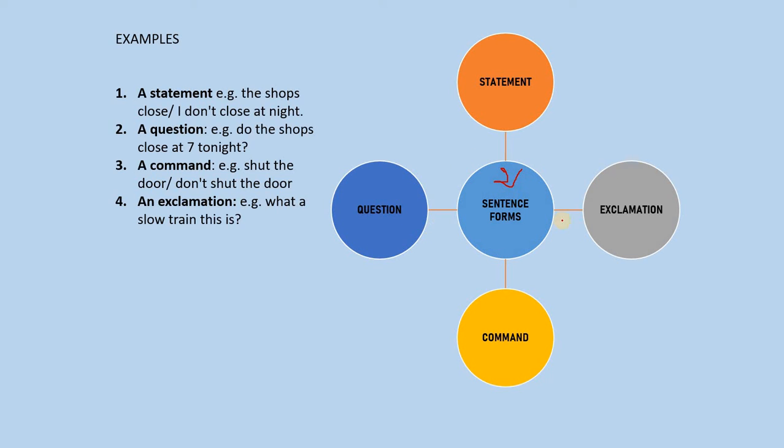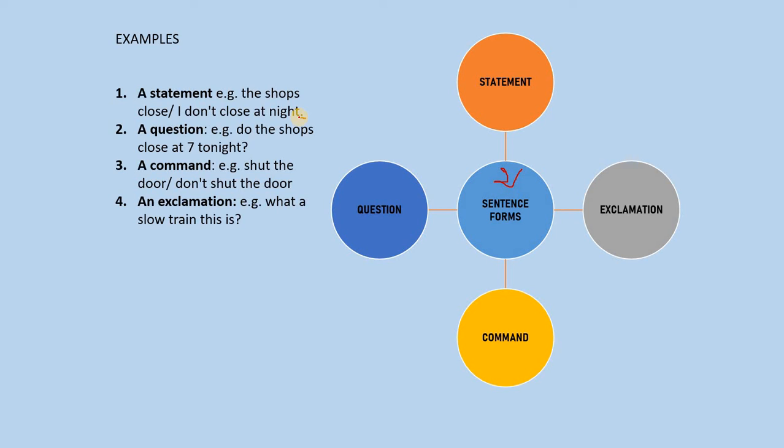It can be a question, a command, or an exclamation. As a statement, we can see the example that we have here: the shops close. I don't close at night. It ends with a full stop. This is a statement, a declarative sentence.